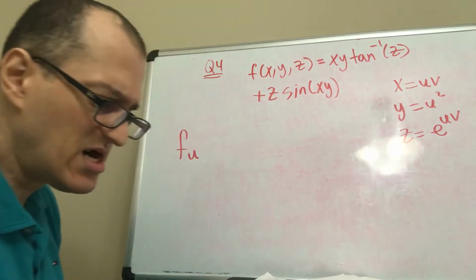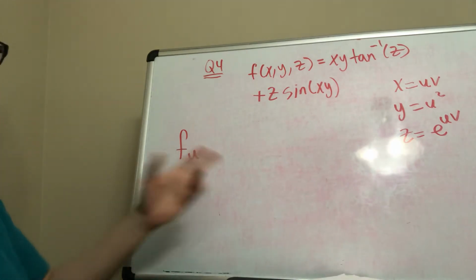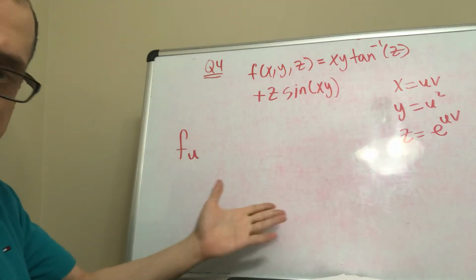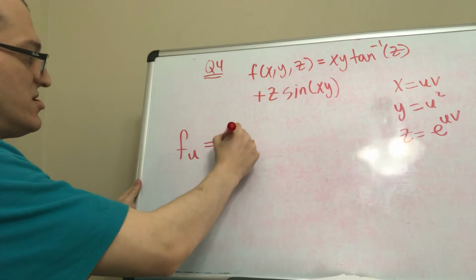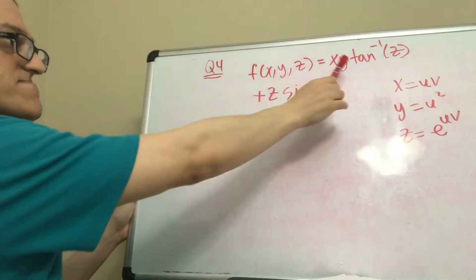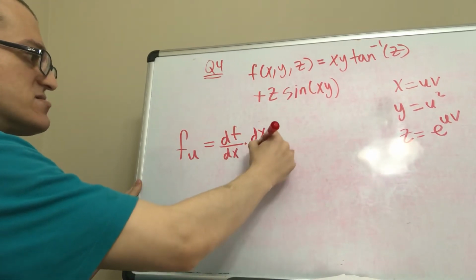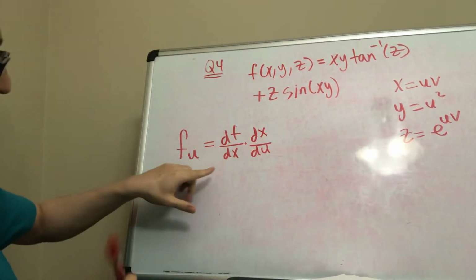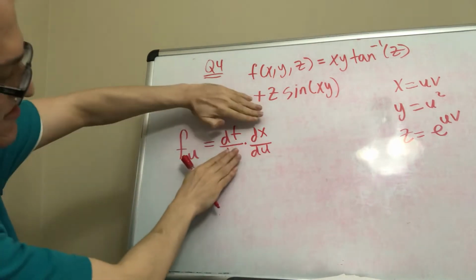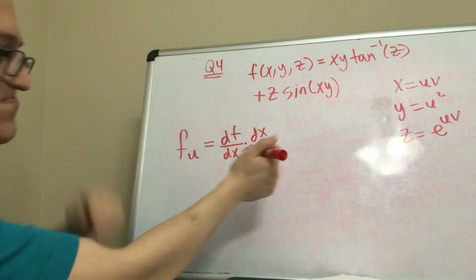This is how you apply the chain rule, basically. To do the derivative in terms of u, you do the derivative with respect to x times the derivative of x with respect to u. So if you see, basically, these two cancel, so I'm finding the derivative with respect to u.